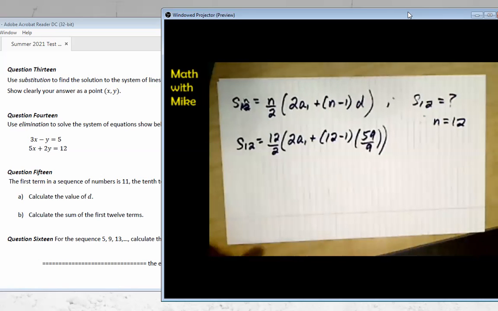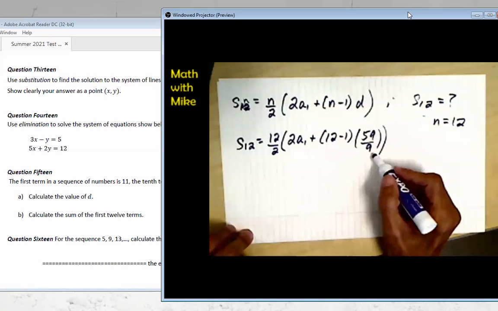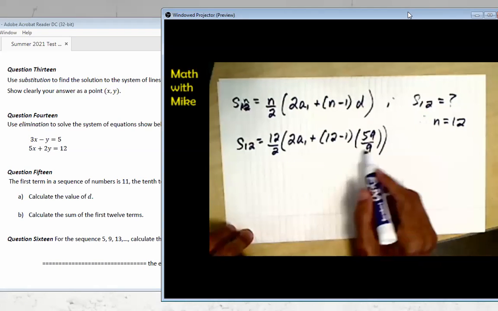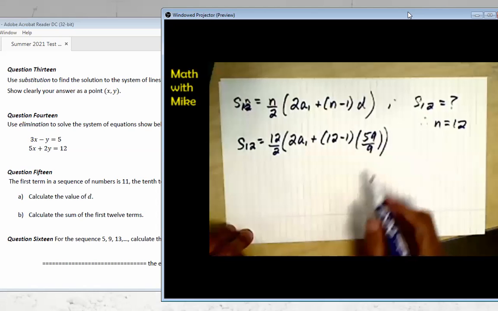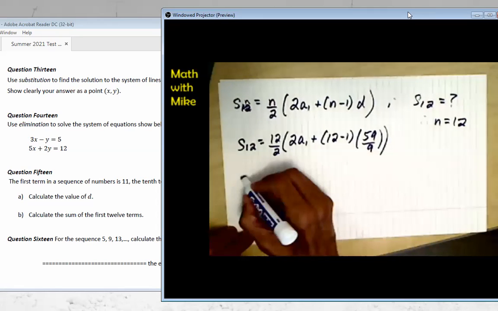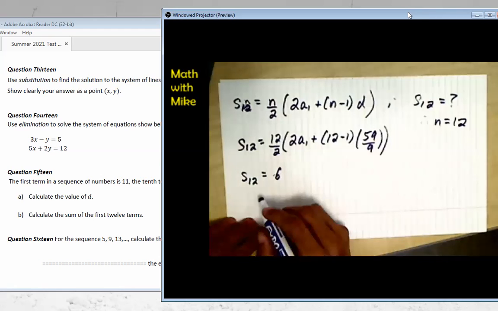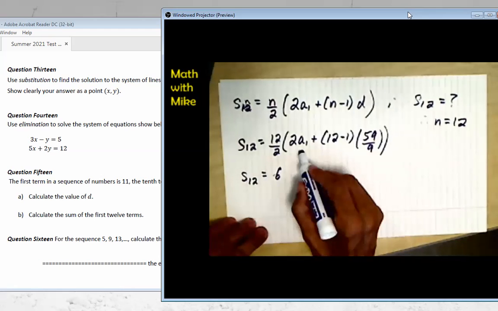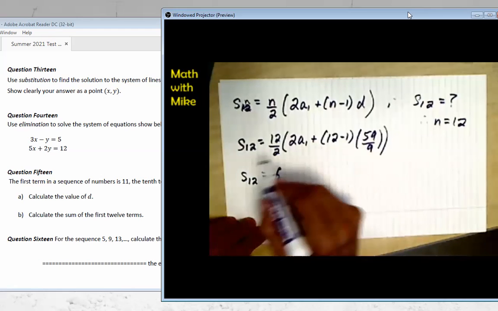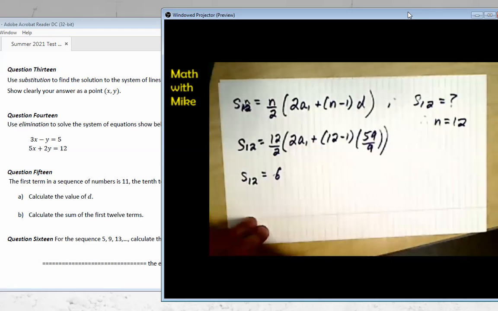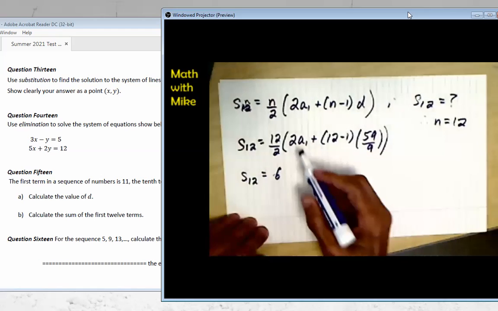You're going to have triple stack fractions and quintuple brackets in there, so don't let it get scrunchy. Sum of the first 12 is 6. Oh, do we have the first term? Yeah, that's still on the screen. First term is 11. So we can use that. You could even put that at that step.